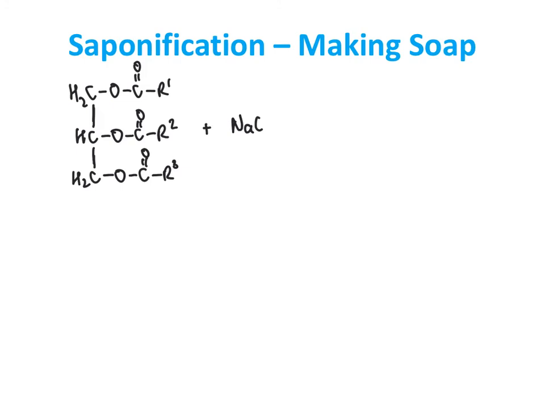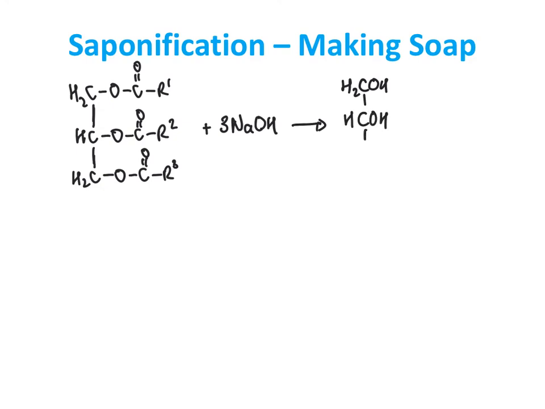So it's our alkali hydrolysis that we saw with our ester. We've got 3 ester linkages, so we need to use a molar ratio of 1 to 3, triglyceride to sodium hydroxide. And then we get as our products, well, we're going to get, as we always do, glycerol.